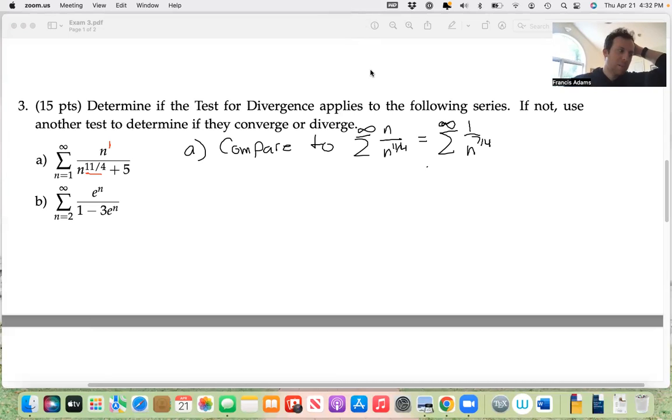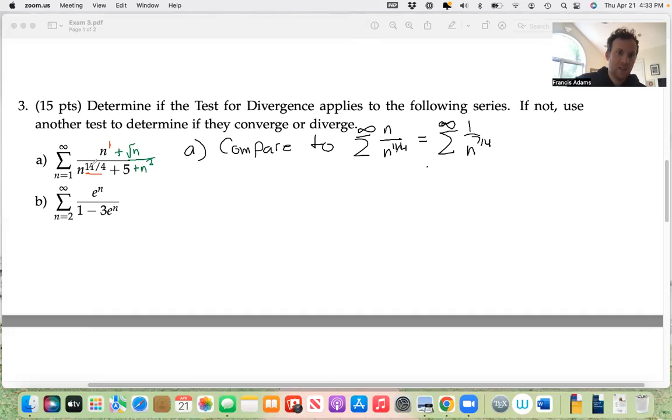Okay. And before moving on, I said something about pick the biggest power. Even if there was other stuff around, like if this even had, let's say, a plus the square root of n and then plus an n squared on the bottom, well, the 1 is still the biggest power because this is n to the 1/2.